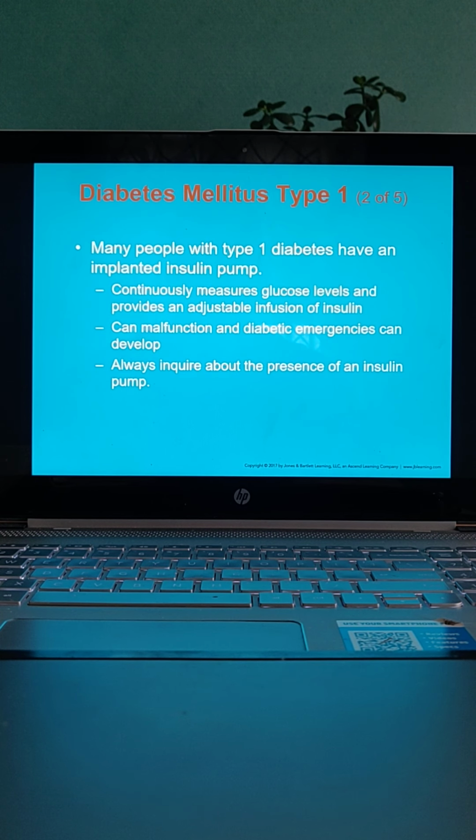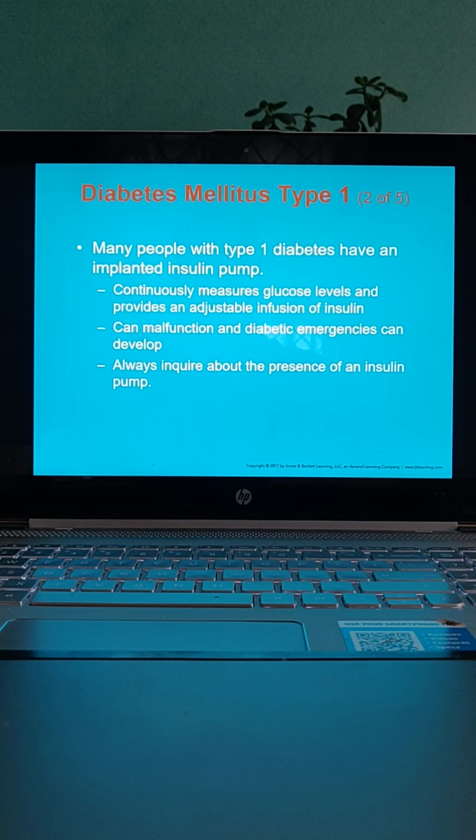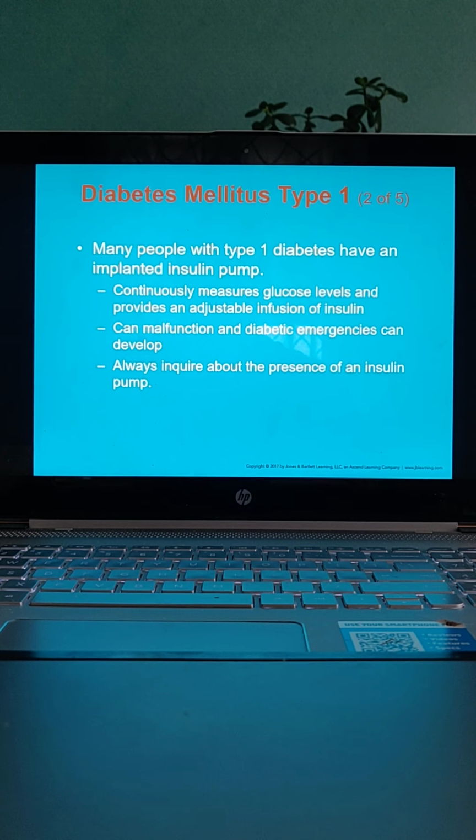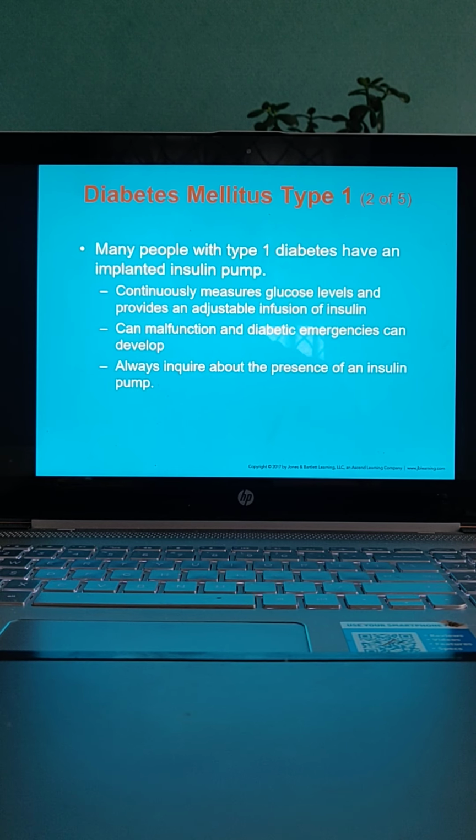Many people with type 1 diabetes have an implanted insulin pump. It's very common for someone. They either put it on the belt of their pants or they have a strap and it's strapped to their abdomen. And it's a little itty bitty tube that goes right into their abdomen. Okay? And the pump is constantly going. It's not always pumping insulin into their body, but it's constantly measuring 24/7, 365.